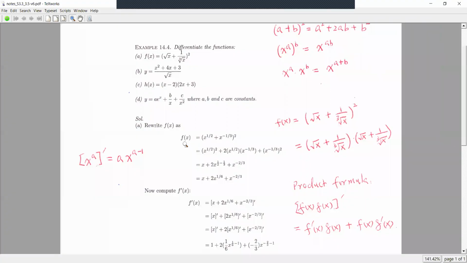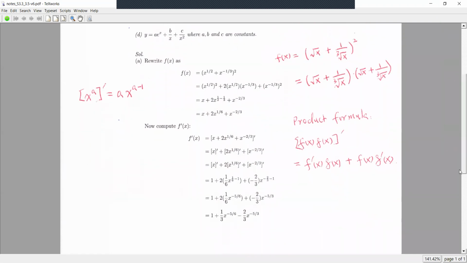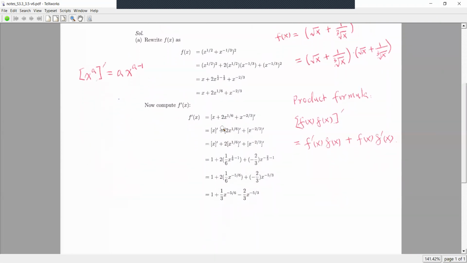After the function is simplified, now compute the derivative of the function. Take derivative on this function. By summation formula, this derivative is the sum of these three derivatives. Move the constant to outside this derivative, then we have this equation.